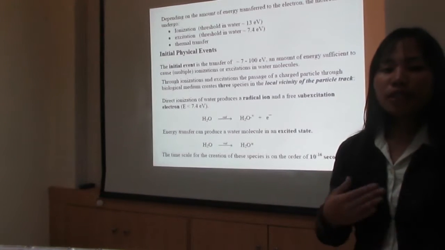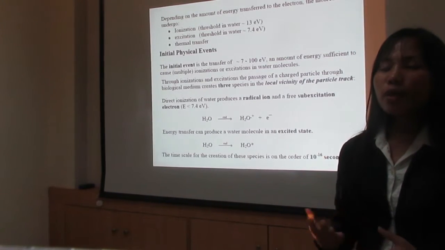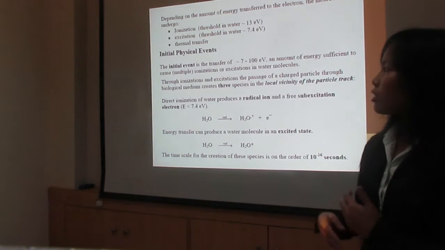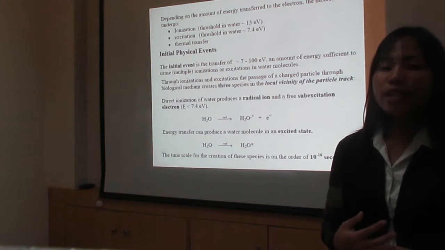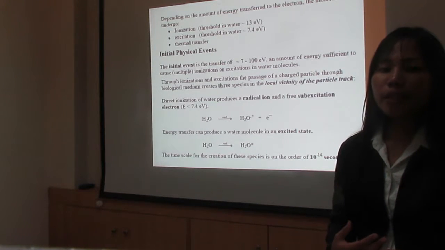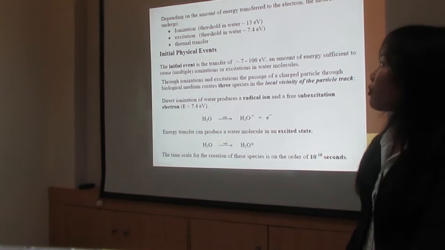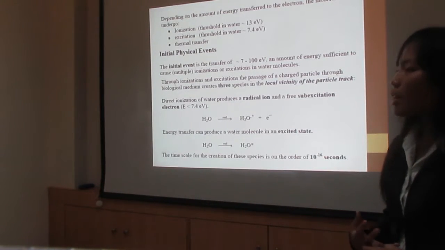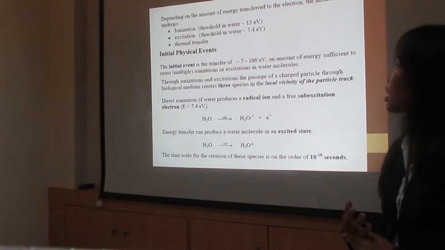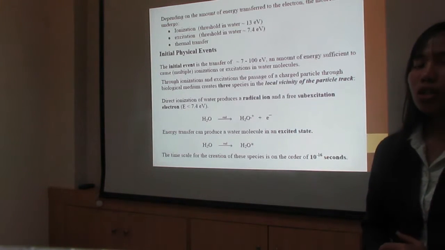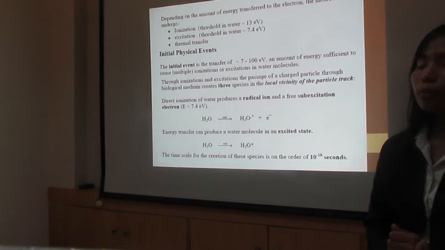Let's go on to the discrete events. A sequence of discrete events happens in the transfer of energy in the medium. So we have the initial physical events. The initial event is a transfer of 7 to 100 electron volts, an amount of energy sufficient to cause multiple ionization or excitation in water molecules.